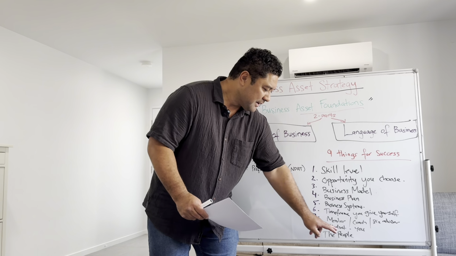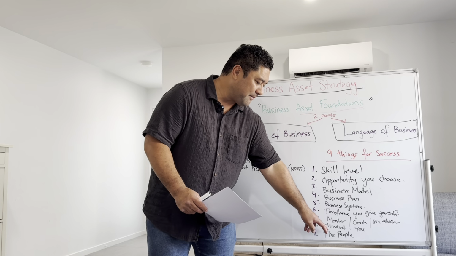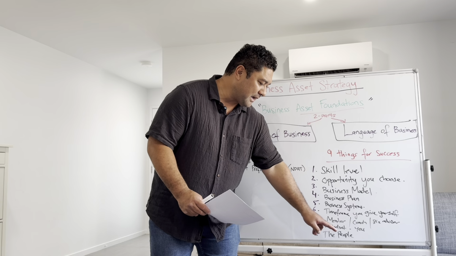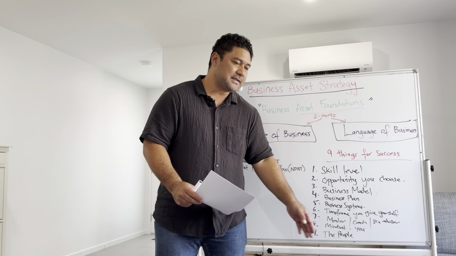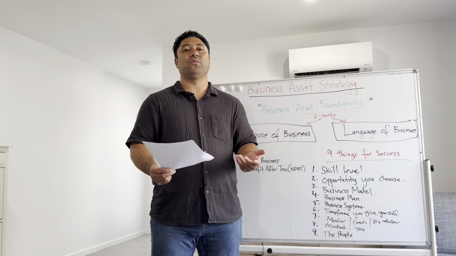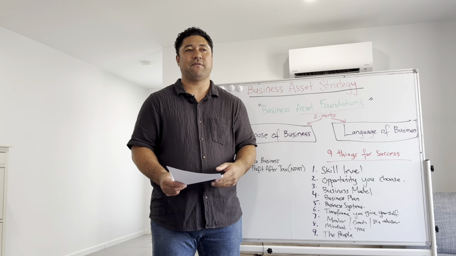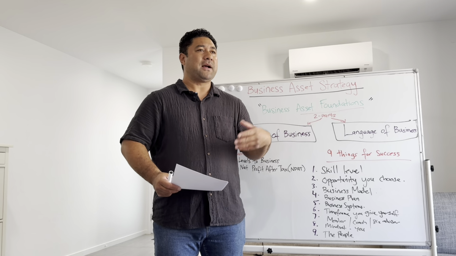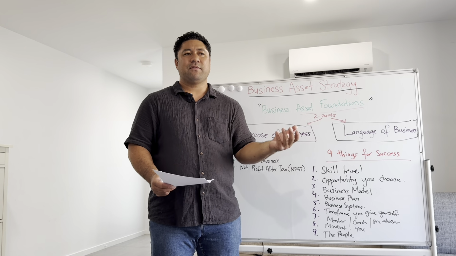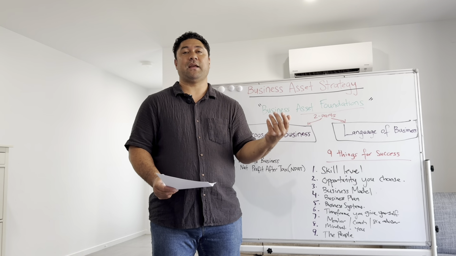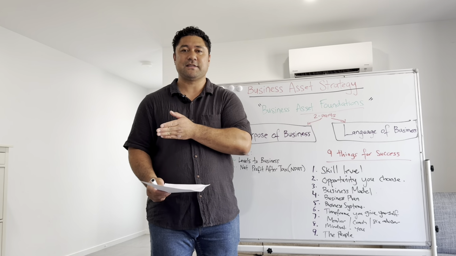Okay, so the next two here, we've got mindset and the people. So the mindset there, as I mentioned, it's your own self-sabotage, your own personal thoughts and feelings and experiences. Your past experience also heavily dictates and influences what you're going to do next.